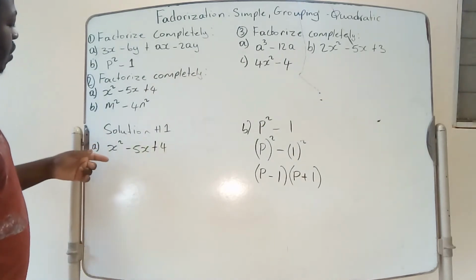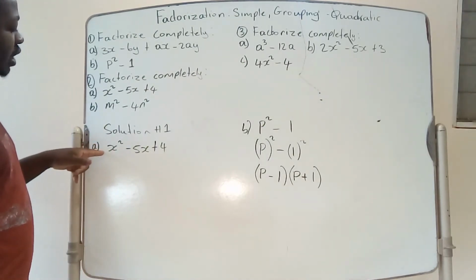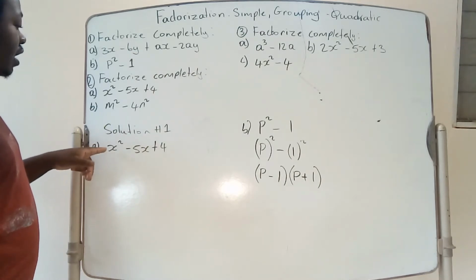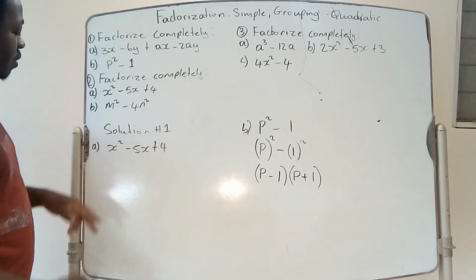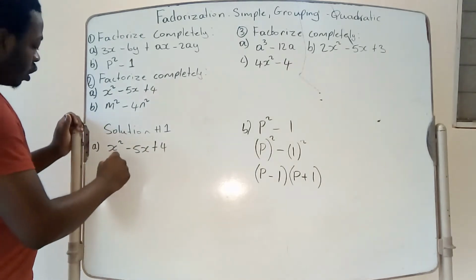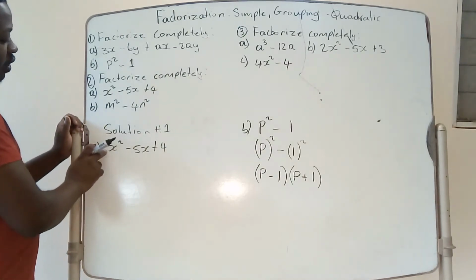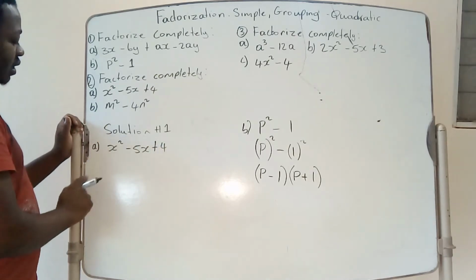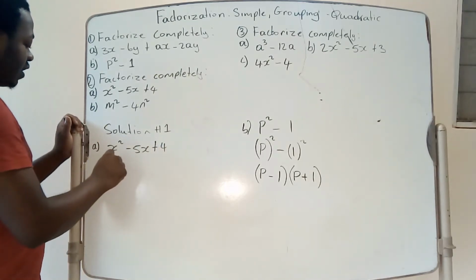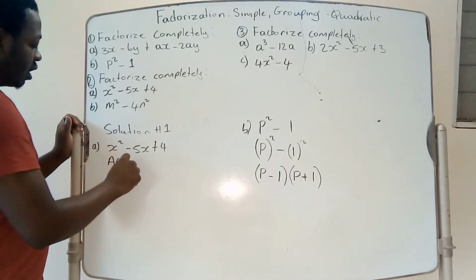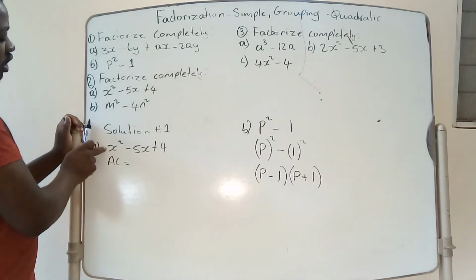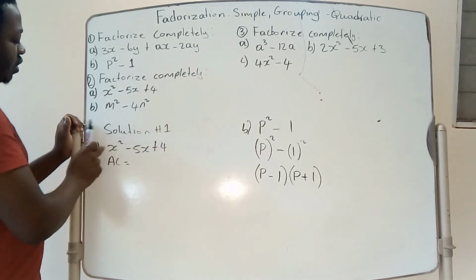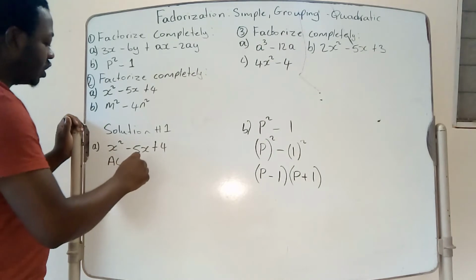Now, this expression is what we call a quadratic expression. We can factorize a quadratic expression by using the AC method. Now, AC, A is the coefficient of the x squared term, C is the constant. So you can find AC. So AC is equal to the coefficient of the x squared term times the constant. So this would be 1 times 4, which is 4.